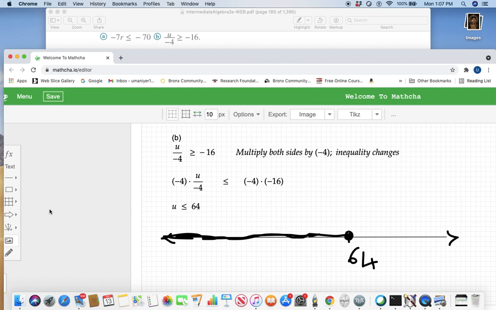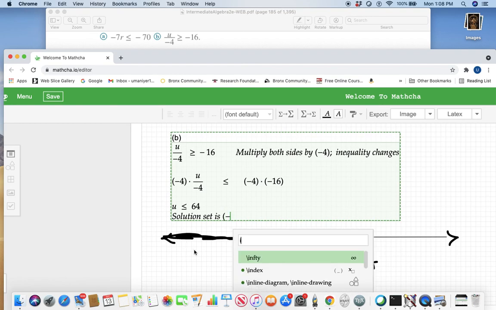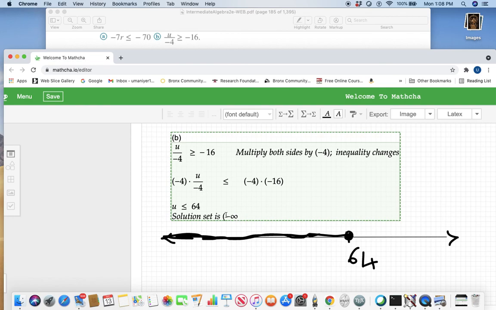Okay, so that tells us the solution set is: you start from the left, that's negative infinity because there is no end over there, that's always open, until 64, which is included, so close it.